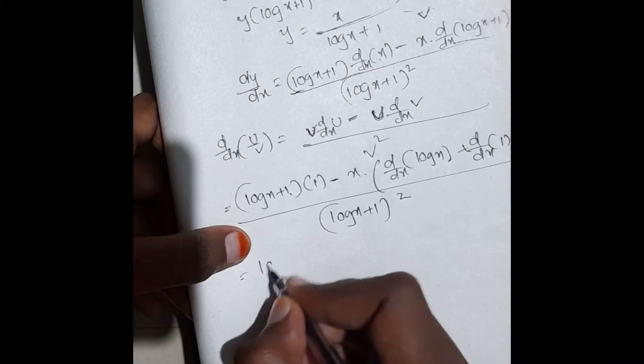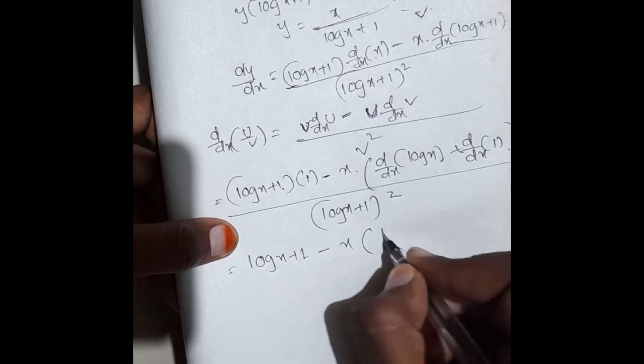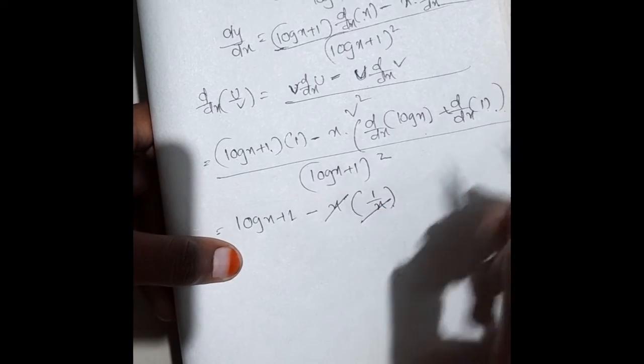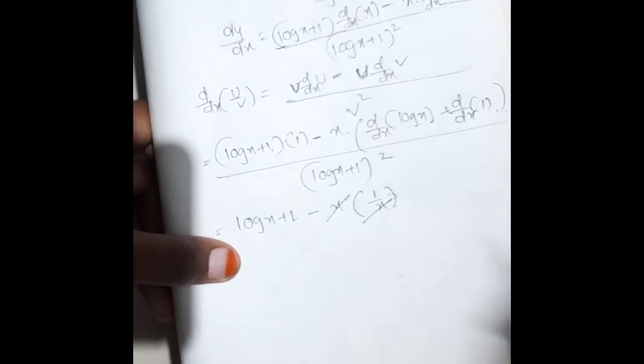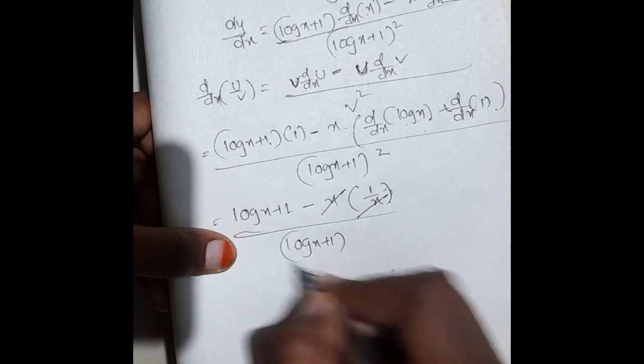Okay. So now (log x + 1) times 1, minus x into 1 by x. That's it, because here it is 0, right? Now this x and this can cancel. Here it is 0, so 1 by x plus 0, it is 1 by x only. (log x + 1) whole square.